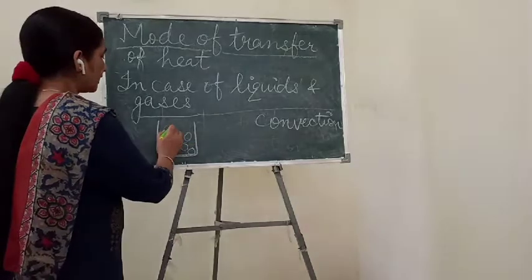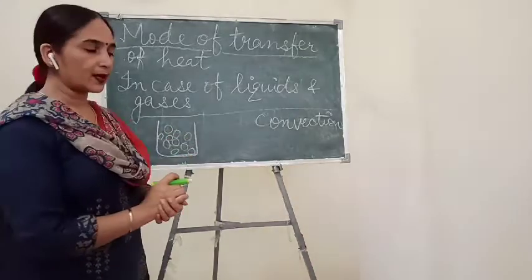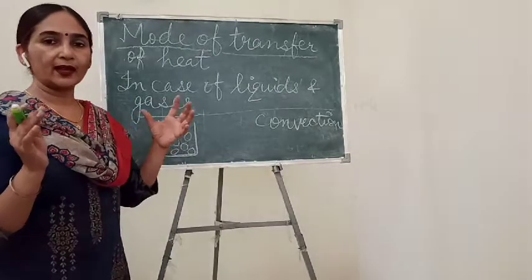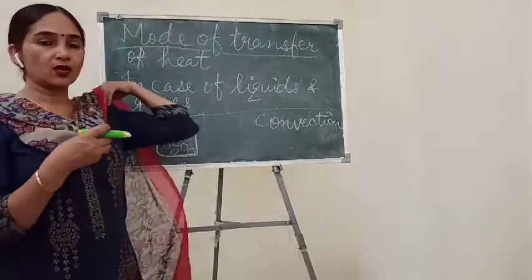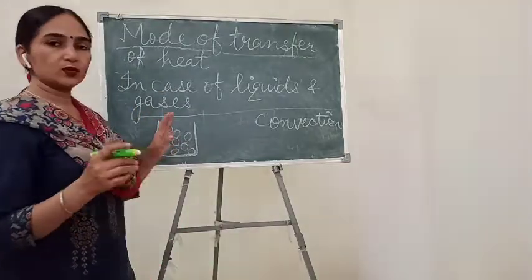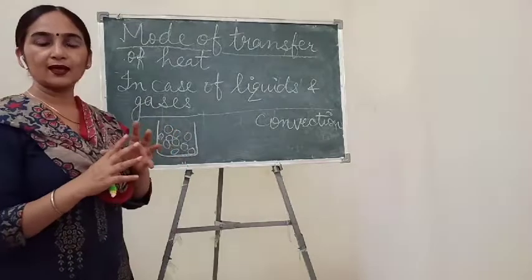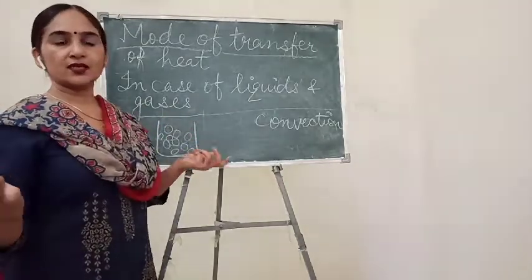When molecules are arranged in this way, they can easily show their movement. They cannot attach to each other just like solids. In solids, as we studied, the molecules are very tightly packed, but here molecules are loosely arranged. That's why they can easily change their shape.